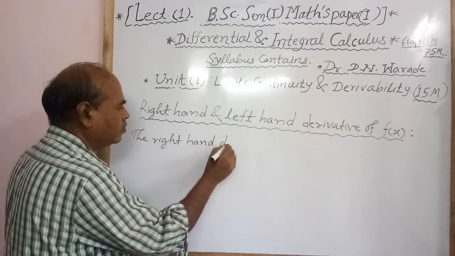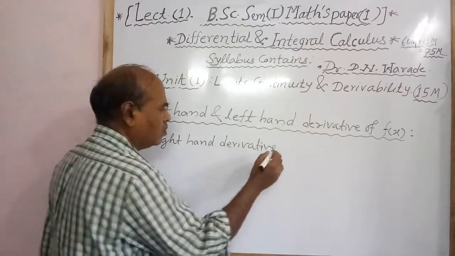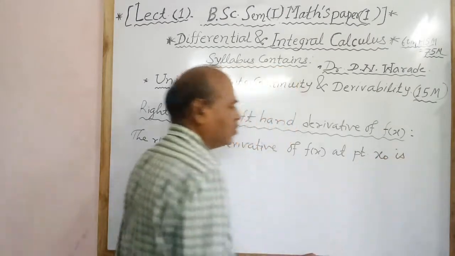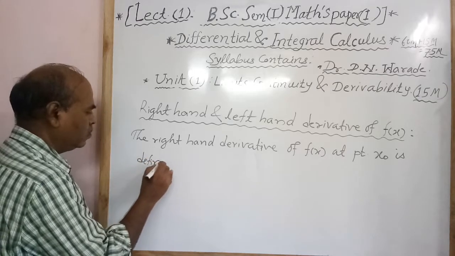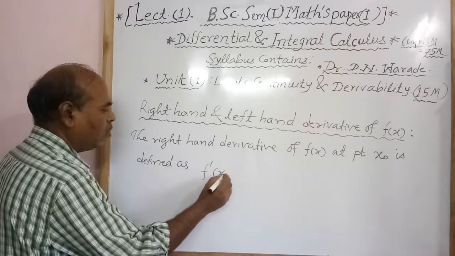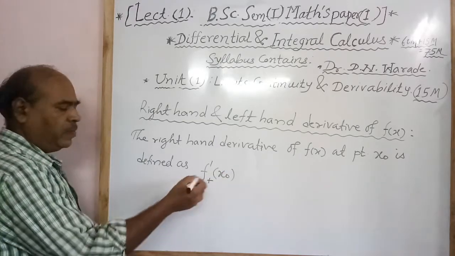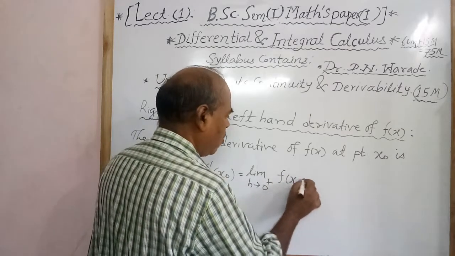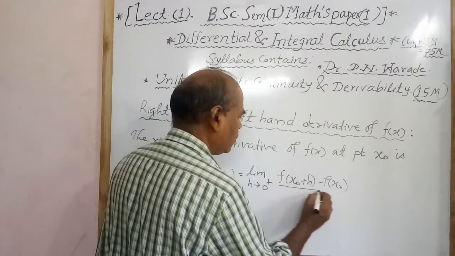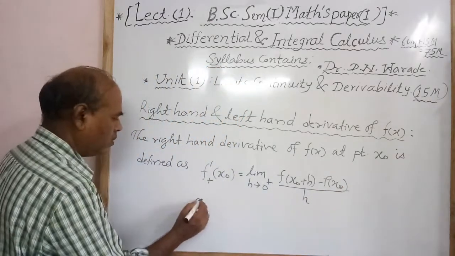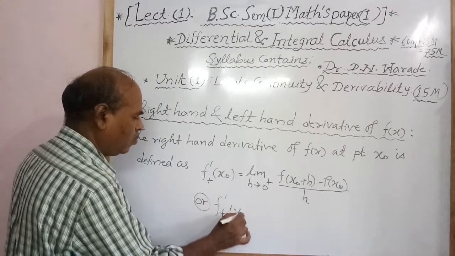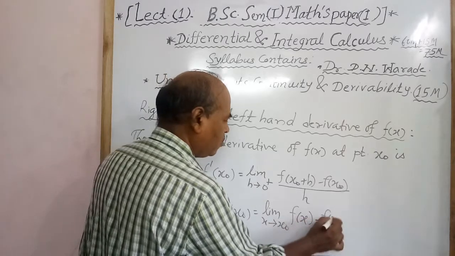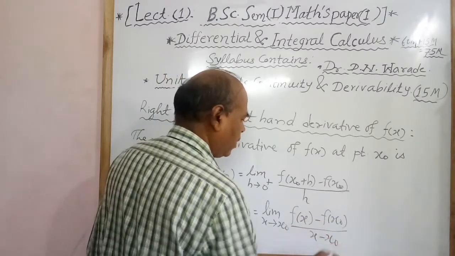The right hand derivative of f of x at the point x0 is defined as f dash of x0 plus, we write plus for right hand, equal to limit h tending to 0 plus, f of x0 plus h minus f of x0 divided by h, or f dash of x0 plus equal to limit x tending to x0 plus, f of x minus f of x0 divided by x minus x0.